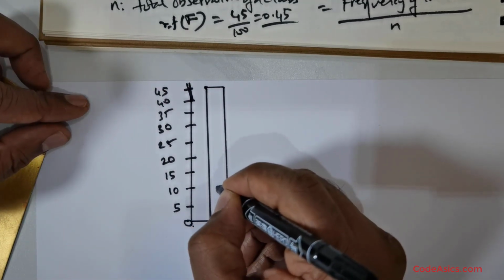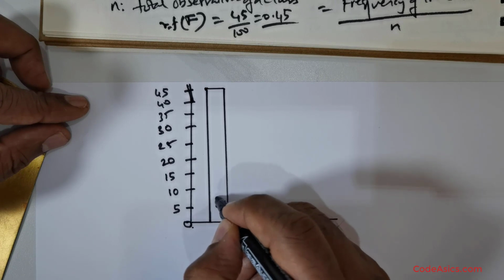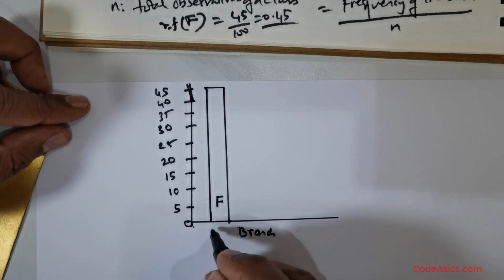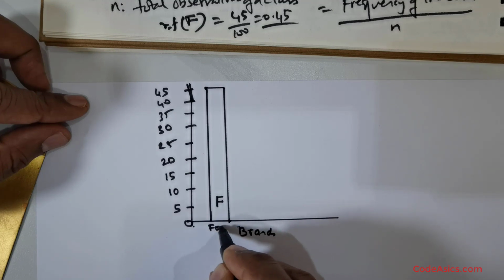Now this is represented by means of the categorical variable F, or you can also place Ford down.